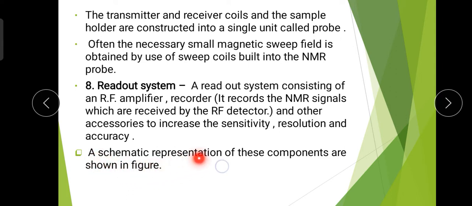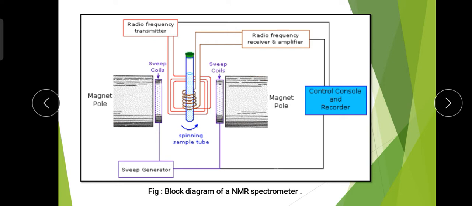A schematic representation of these components is shown in the figure. That means all those components are built in a particular manner. So this is the schematic of the NMR spectrometer. Here there are two sweep coils, and these two coils are connected to the sweep generator.